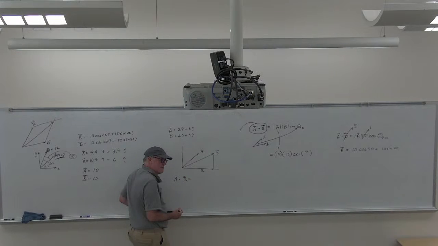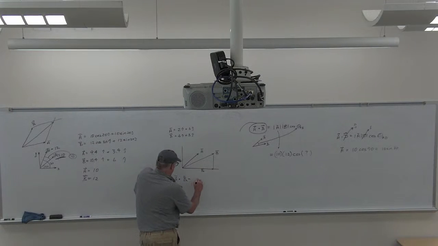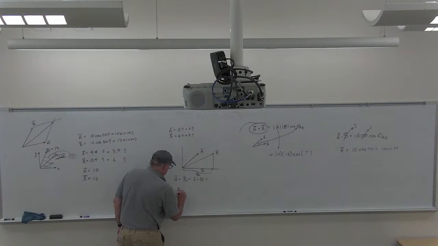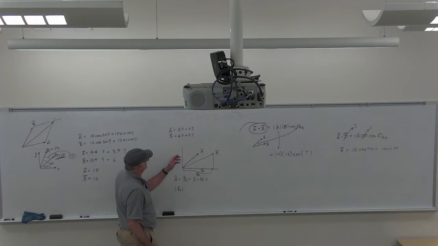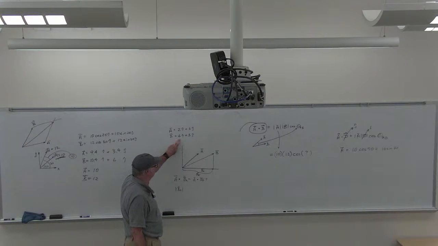And BX will be nothing more than the length of BX, which is a scalar, a number, times I. So that means you can take this number out, which in this particular case is just 4.